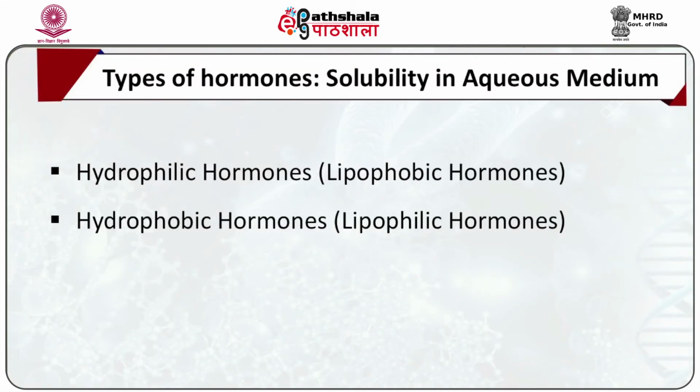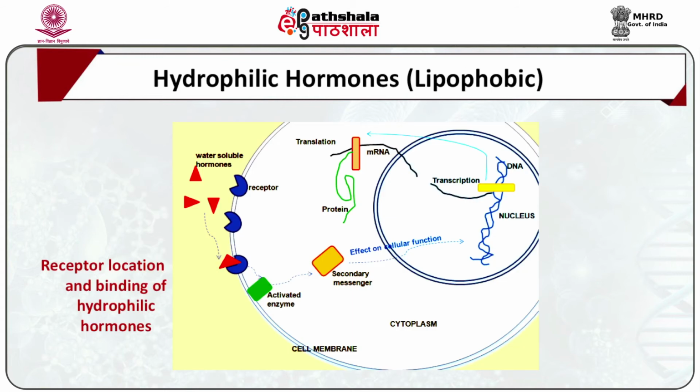Types of hormones on the basis of their solubility in aqueous medium. They are hydrophilic hormones and hydrophobic hormones. Hydrophilic hormones, or lipophobic hormones, are water-soluble hormones like peptide and some amino acid-derived hormones.